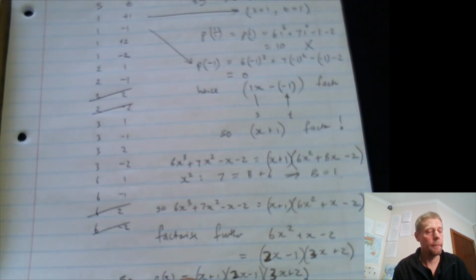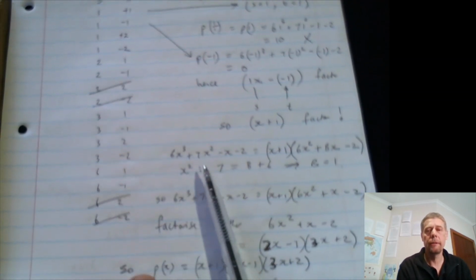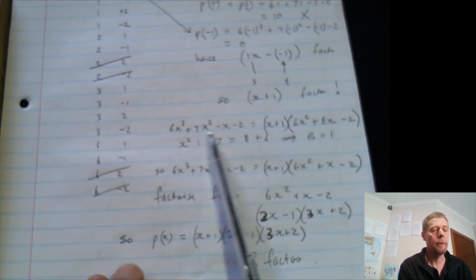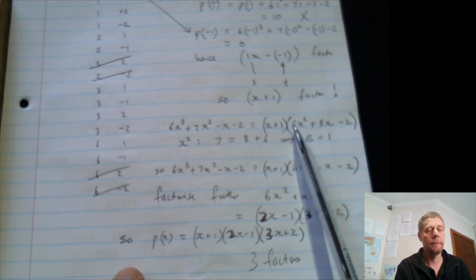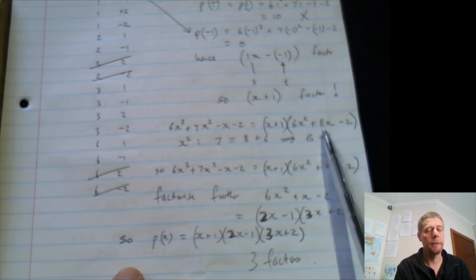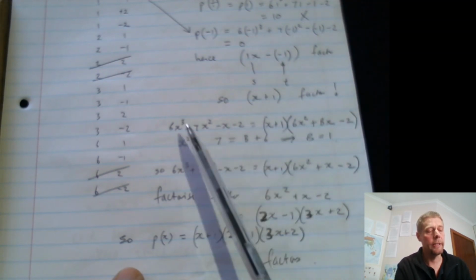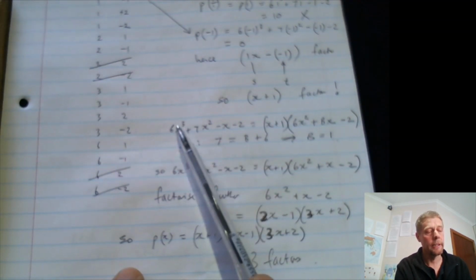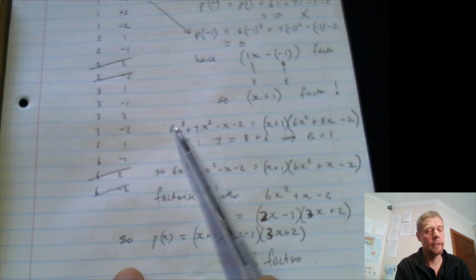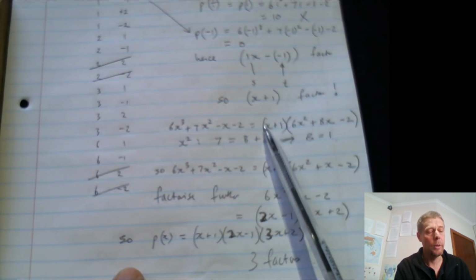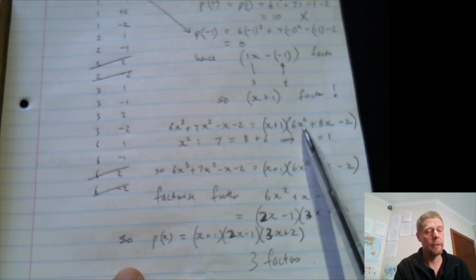So what's the next step? Now we have our polynomial. It's equal to a factor times ax squared plus bx plus c. Now I've cheated a little bit because I've looked at this and said, right, the coefficient of the cubic is 6, and that's derived from 1x times something x squared.